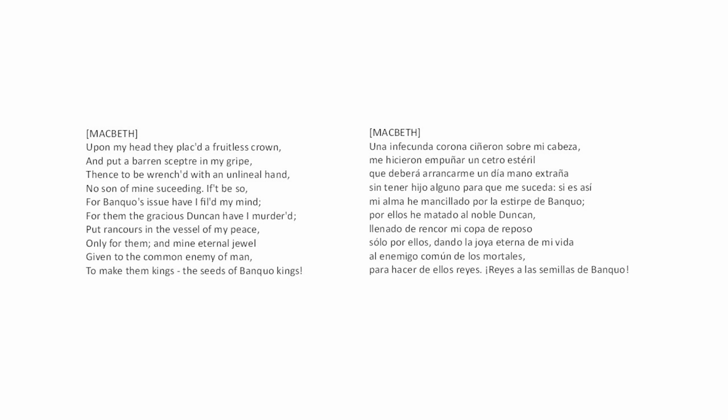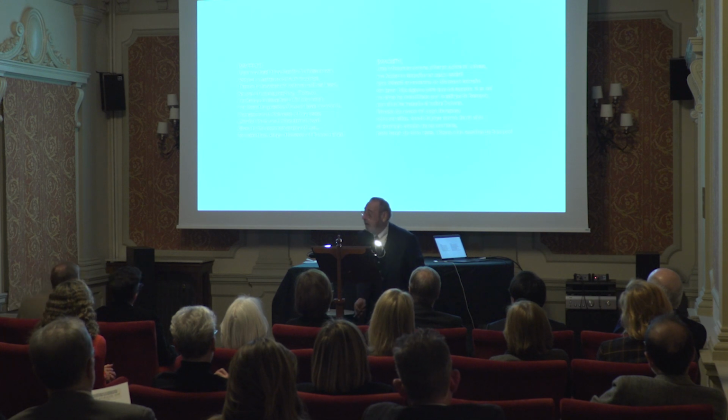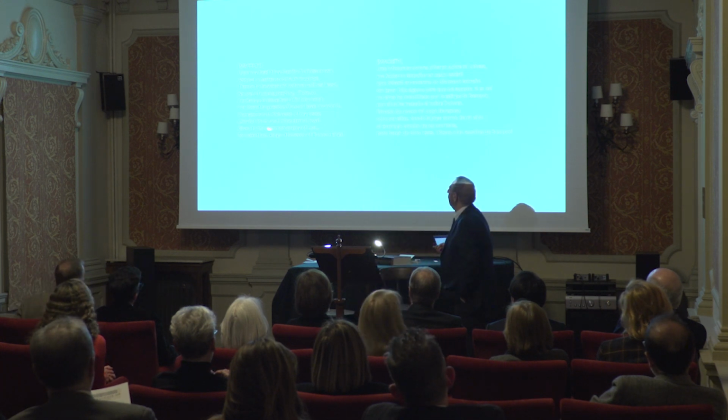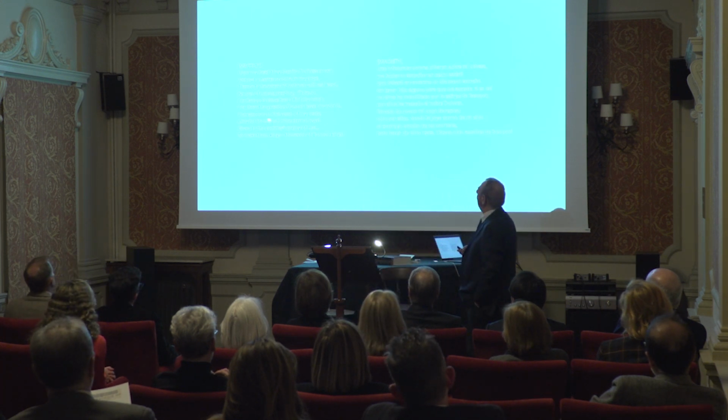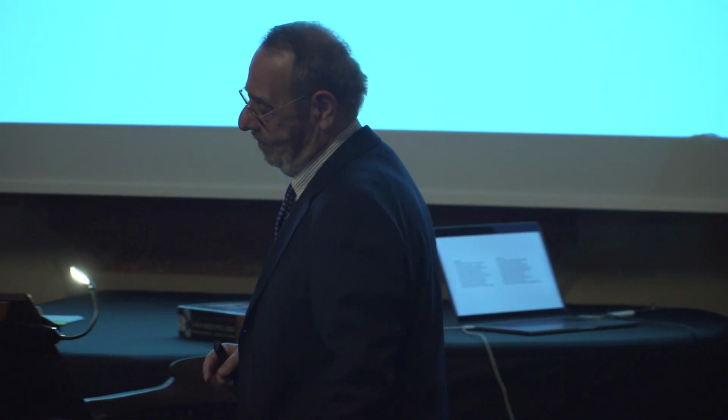For them the gracious Duncan have I murdered, put rancors in the vessel of my peace only for them, and mine eternal jewel given to the common enemy of man to make them kings, the seed of Banquo kings." Notice here also Macbeth's awareness that he has damned himself forever. Again, that mystery play root.